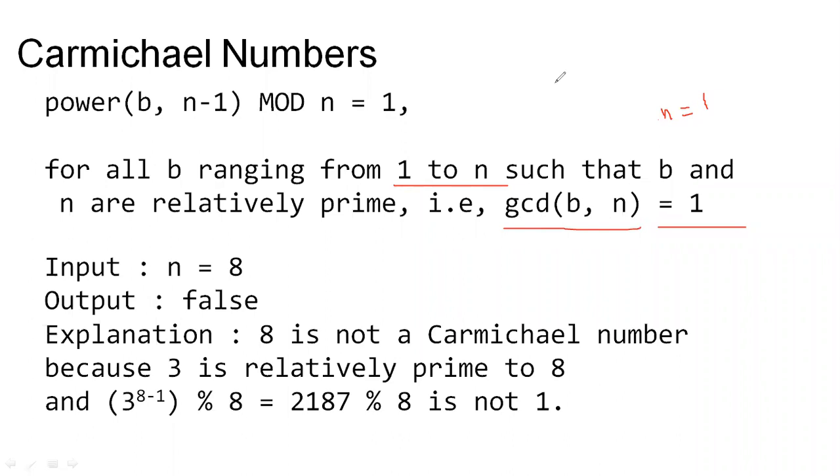So we can say n is pseudo prime if and only if n is a composite number, and the second condition is b raised to n minus 1 congruent to 1 mod n for all integers b with gcd of b comma n equal to 1.